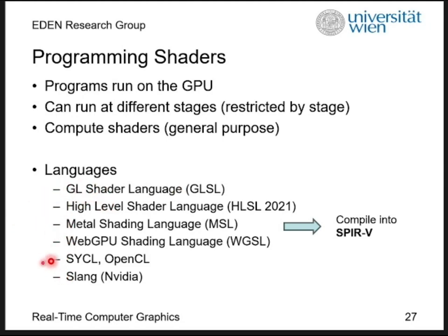And so these are new approaches to find a new way to program all of these shader stages. And we will see which one of them actually prevails. But as we see, all of them we can actually put into SPIR-V.